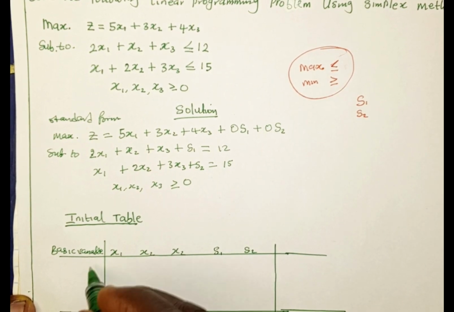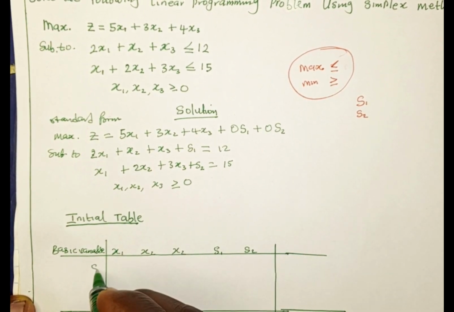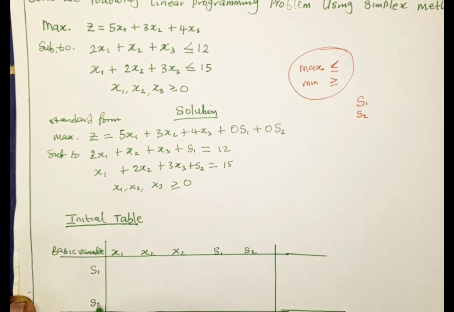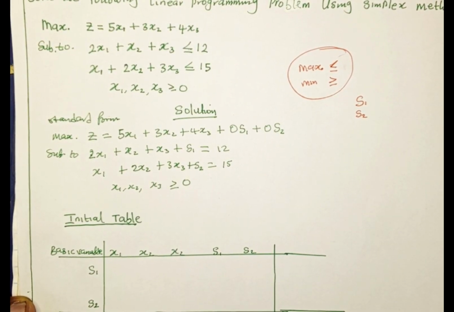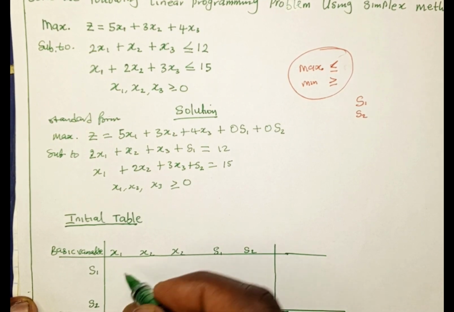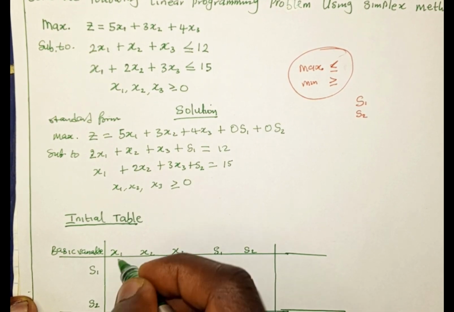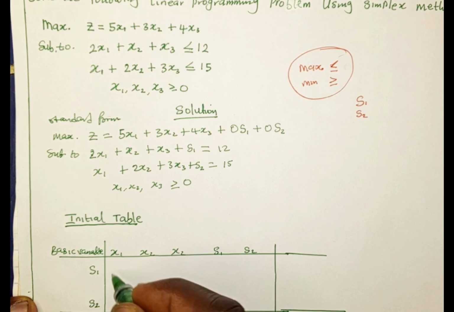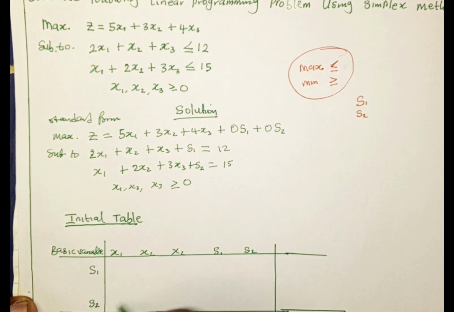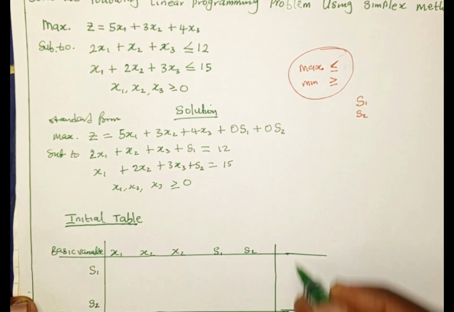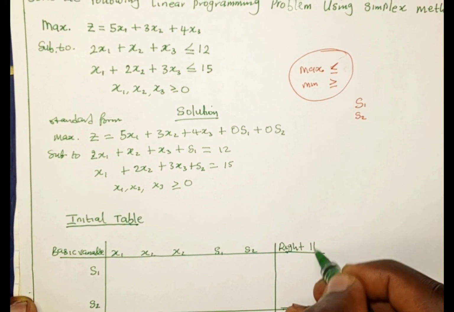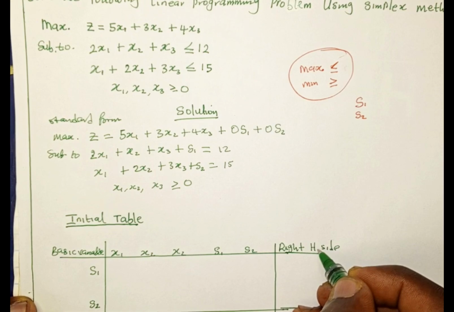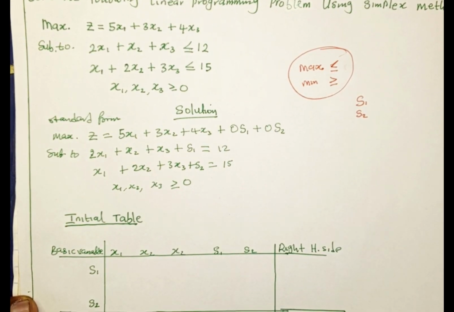Then here our basic variables are going to be S1 and S2. Then here is going to be our objective function, which is z. Now, how are we going to fill this table? It's very simple. It's just the coefficients of the variables in the first equation, the coefficients in the second equation, and here also we do the same thing. Then here is called the right hand side. So how are we going to get the right hand side?